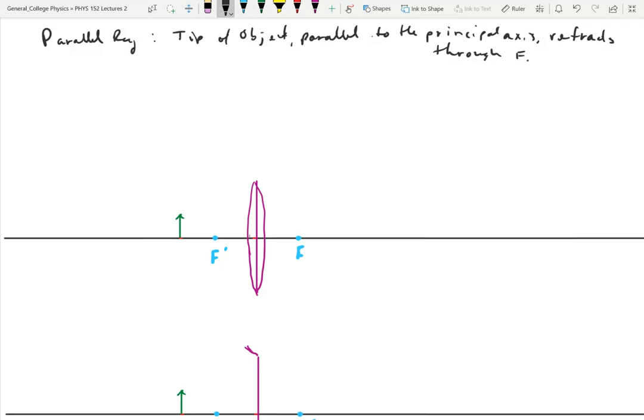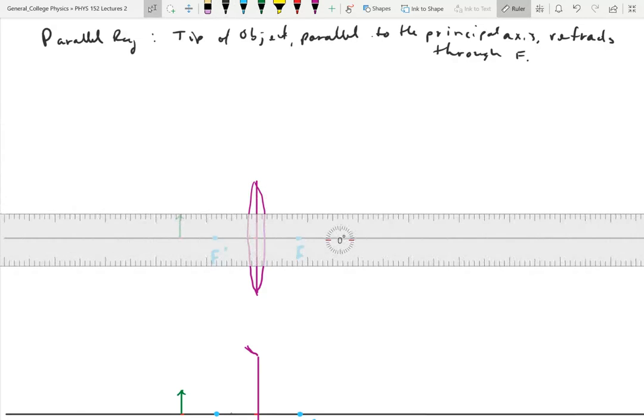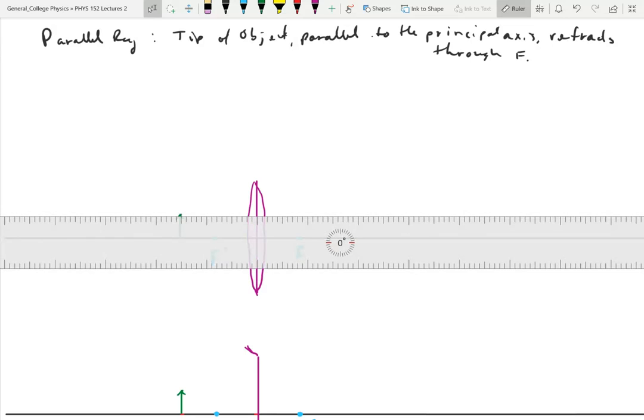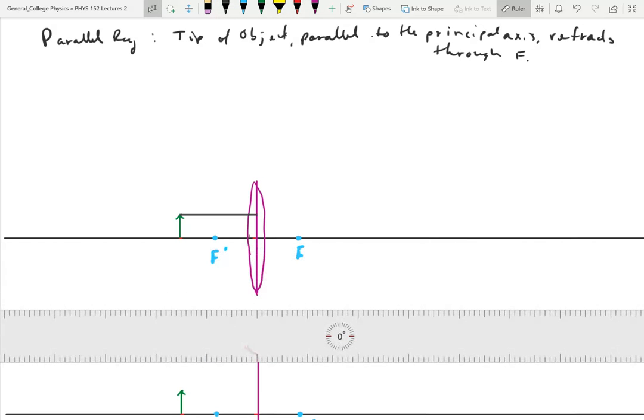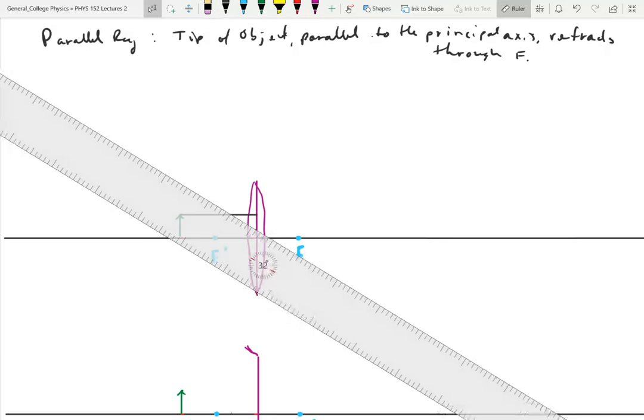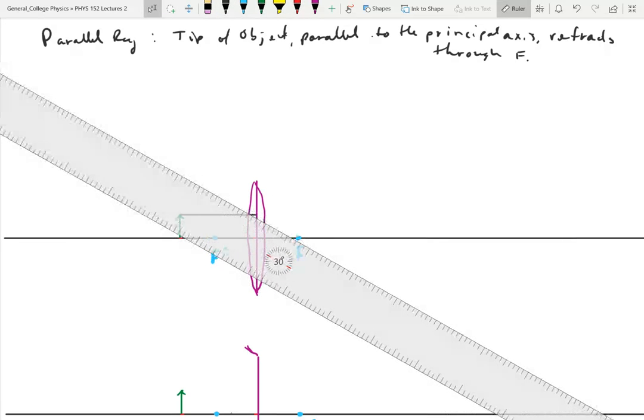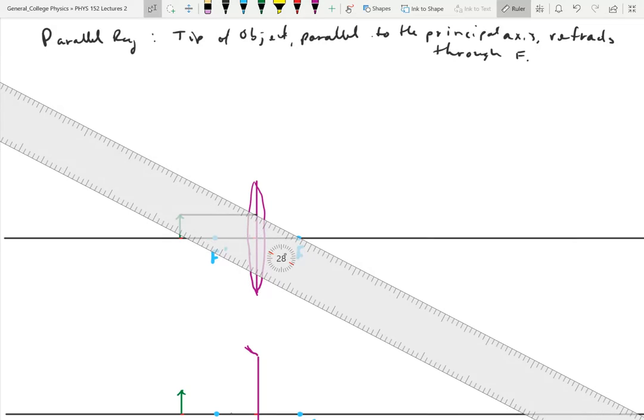Let me draw that one. I'm using OneNote here because I have a ruler tool. So there it's going parallel to the principal axis. The principal axis is that black line going through the center of the lens. And then it comes out and goes through the focal point.